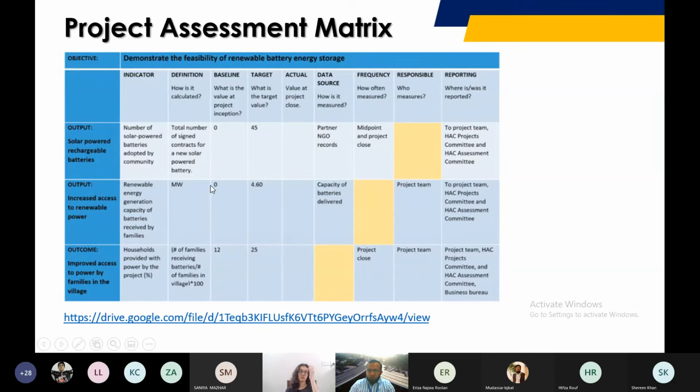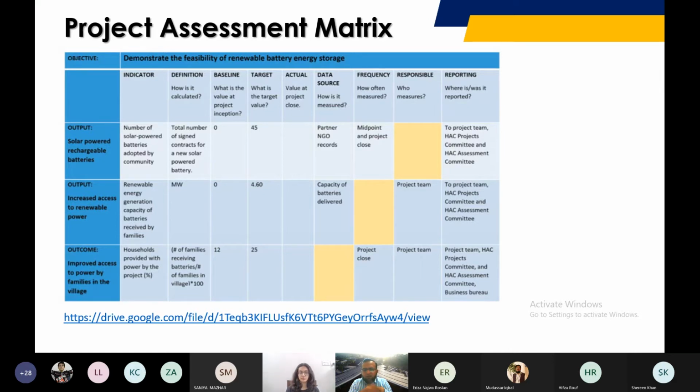This assessment matrix is somehow what we call the overall picture: how you are going to achieve your objectives, what the indicators are, and how you can actually execute your project. So this is something that you must go through. So this is a separate topic.